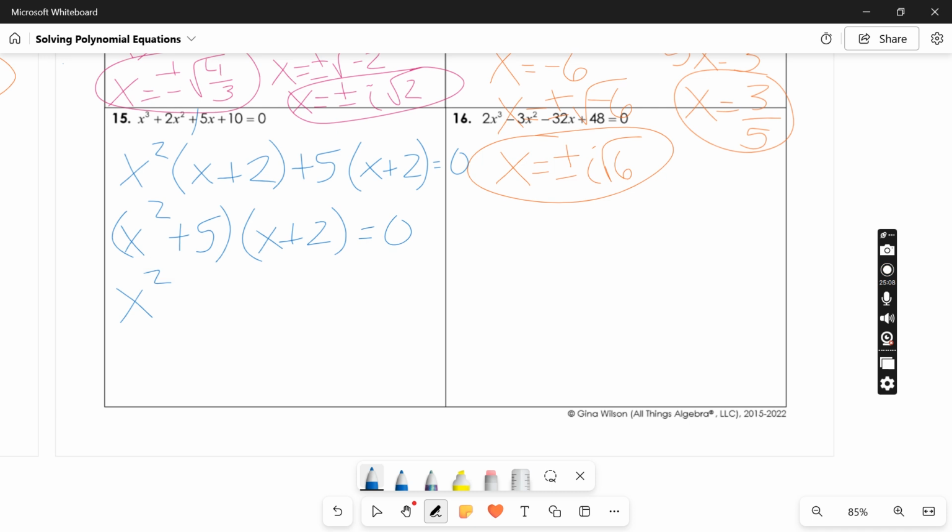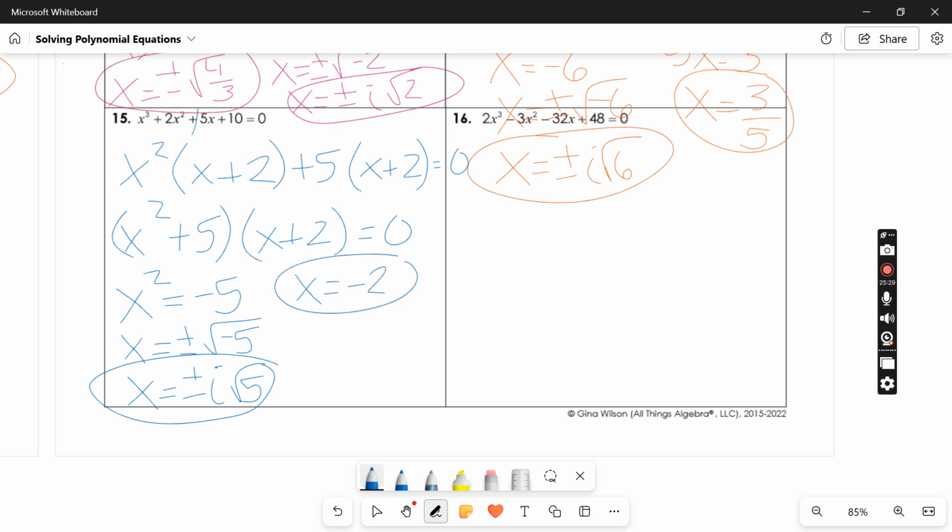This gives me x squared is equal to negative 5. So x is equal to positive and negative square root of negative 5. Since there's a negative in there, I do need to pull that i out. And then this side is x equals negative 2. Nothing else to do there.